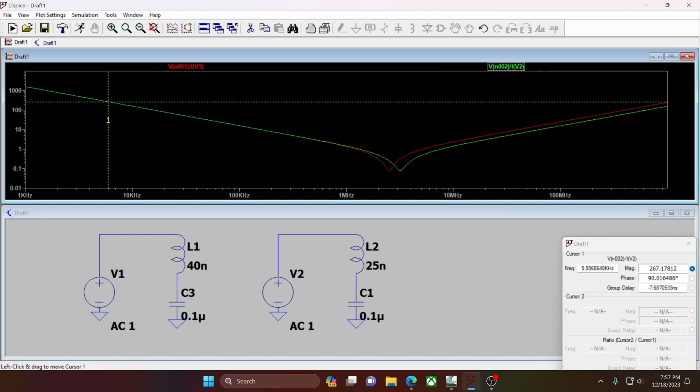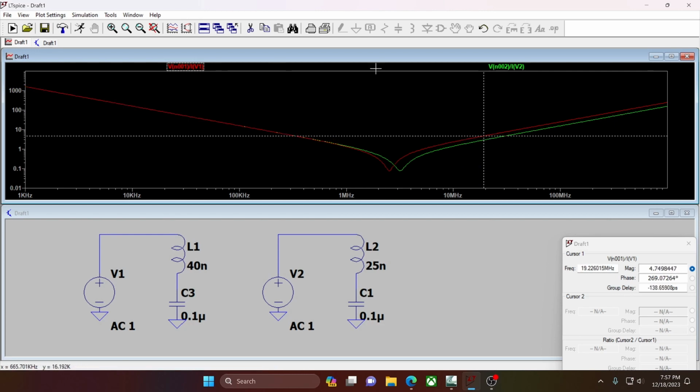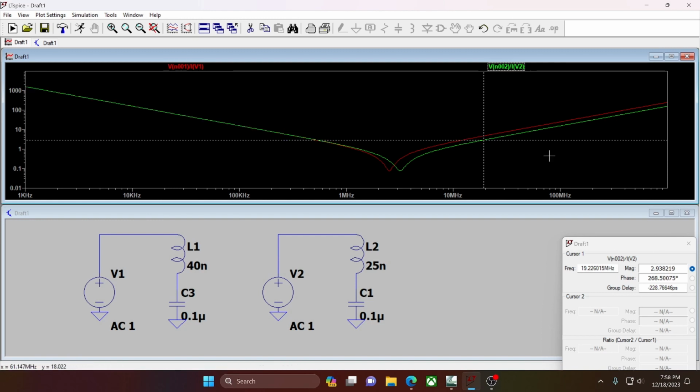If you look at that, our low frequency stuff, nothing. But the impedance of our higher frequency stuff went down. Cool, cool, cool. How much? Let's just go to about 20 megahertz, 19, that's good enough. Went from 4.75 ohms all the way down to just a little under 3.